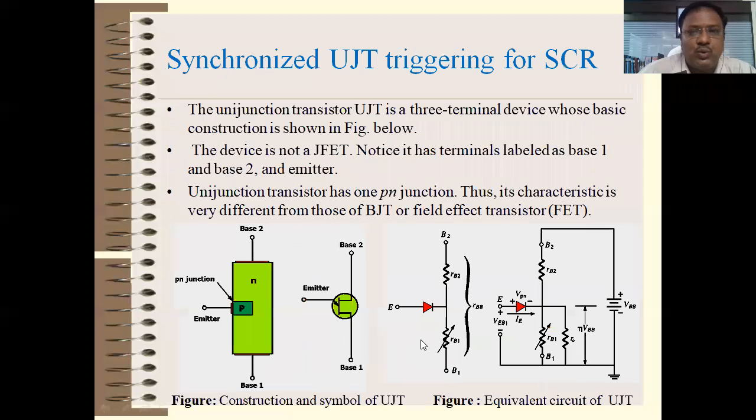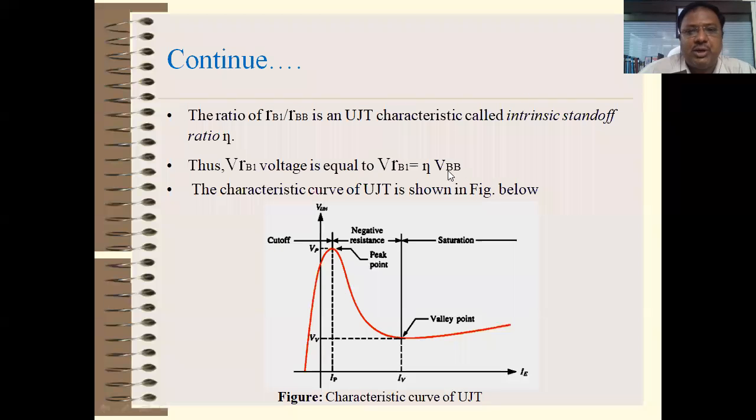So to turn on the device, the voltage applied should be greater than VRB1, that is the voltage required for a recombination in RB1, and then the voltage that is required to break the PN junction. So peak point called VP is equal to VRB1 plus VPN. So until and unless you are applying voltage greater than this one, your device never turns on, right?